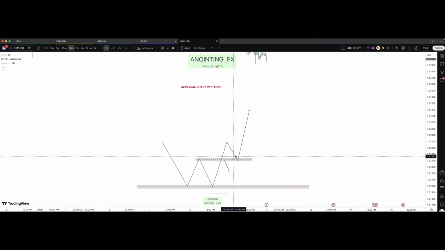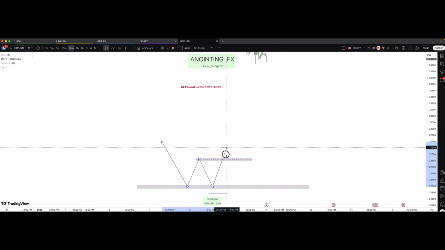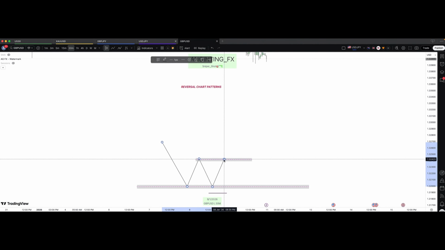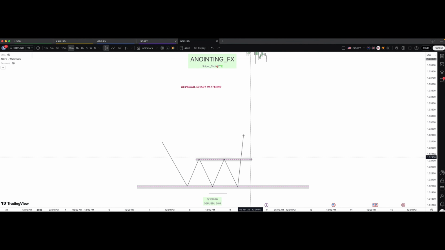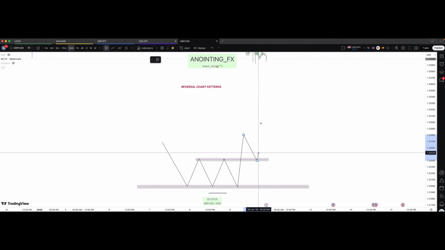Now let's look at the triple bottom. It's just the same thing, okay? With a triple bottom, price will not break the resistance right away. It will come back again into the support area before finally it breaks. So once it breaks, the same thing, you wait for price to retest the neckline and then you buy.